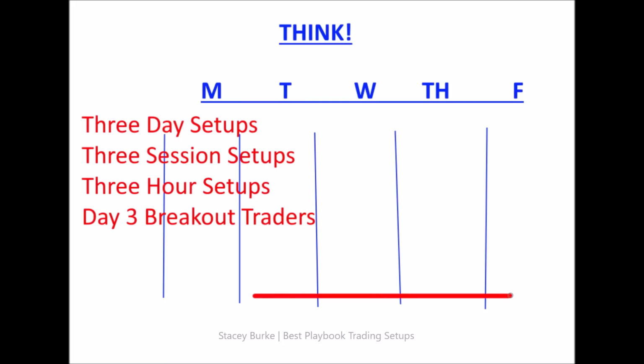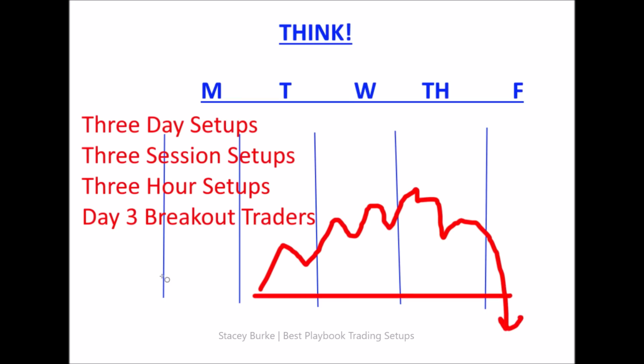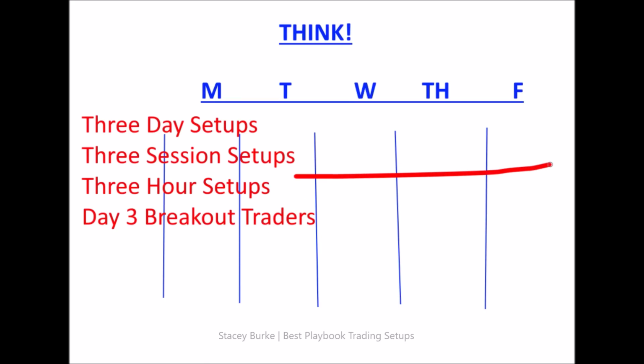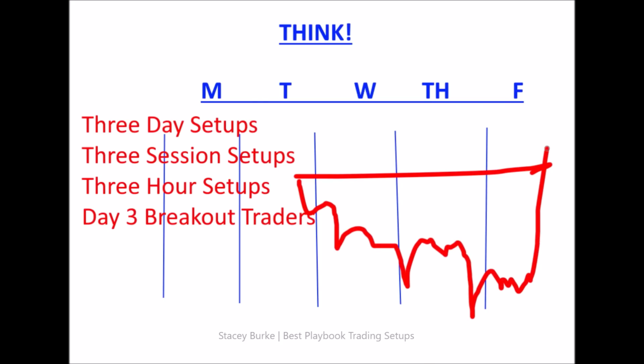We could have a day 1 that starts down here and we get a market that just keeps breaking out, breaks down, and we get the pump and dump. And in fact, it might even be the other way. They might dump it down day 1, day 2, day 3 for the dump and pump.